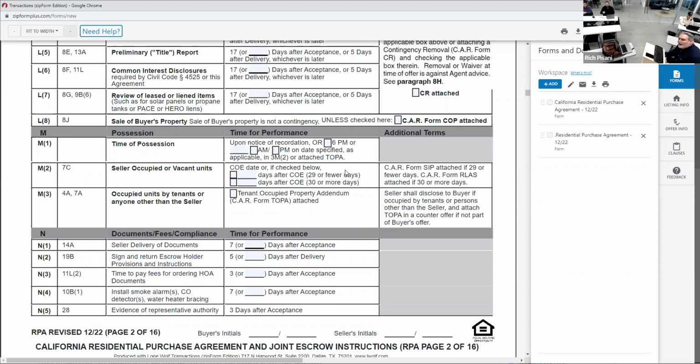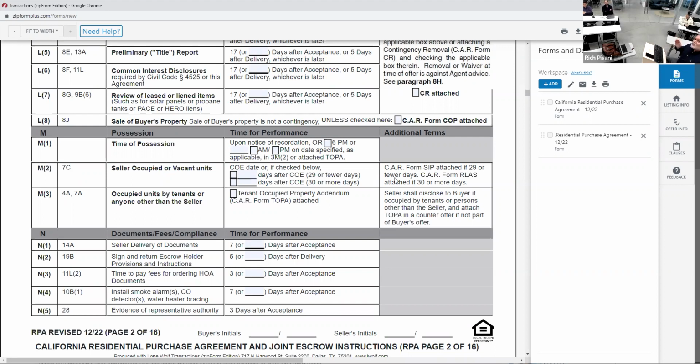And then seller occupied or vacant units. So if the seller is renting back, it all depends on how long they're renting it back. If it's 29 days or less, there's an additional form called the SIP, seller in possession.